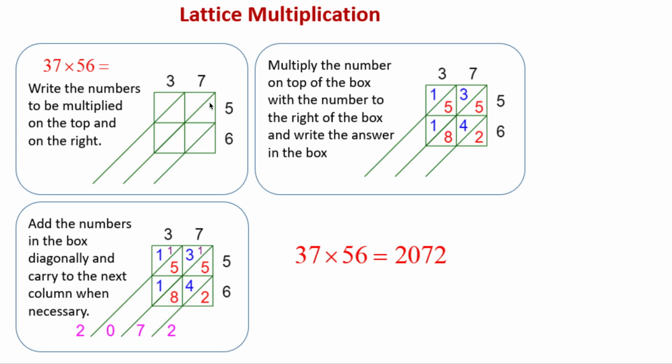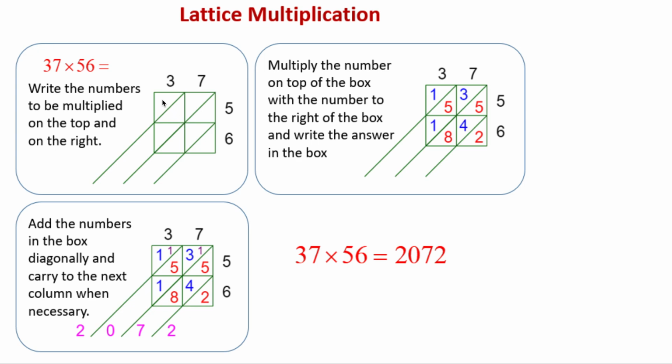So 3 times 5 is 15, and put the tens digit above and the ones digit below. When you are multiplying two single digits, it never goes above 2 digits. Like 9 times 9, 9 is the biggest digit, it's 81. So it never goes beyond 2 digits.